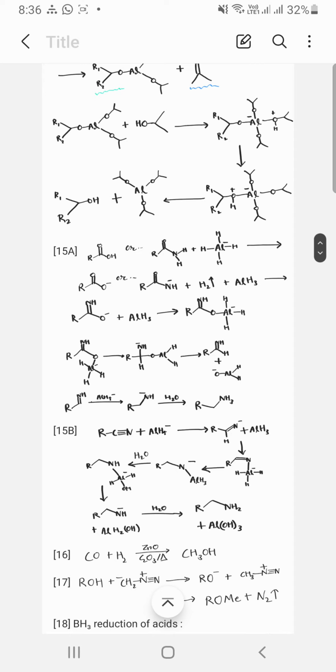And next you have amide or alcohol plus AlH4. So it needs like 3 moles of AlH4 to actually get reduced, because first of all it acts to give H2 gas, which is basically a wastage of the AlH4, and then it reacts with it actually.